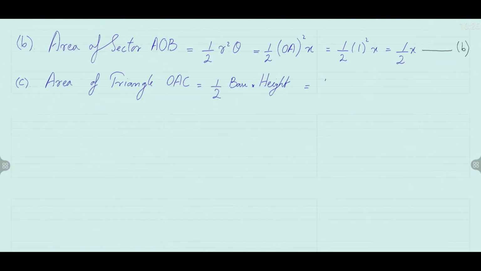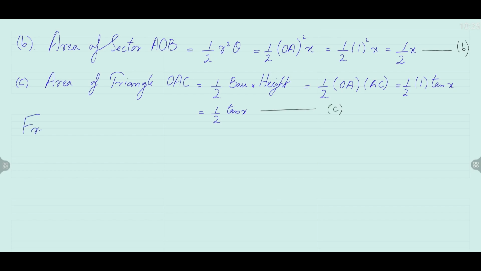Here 1 by 2 base is OA and height is AC. So OA, which is radius, equals 1, and AC we have already, tangent x. So finally we have area of triangle OAC equal 1 by 2 tangent x. We denote it equation C.